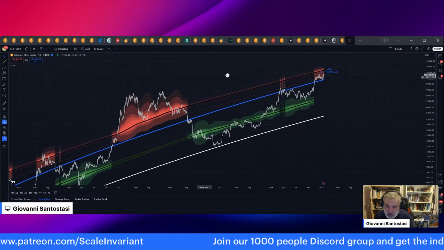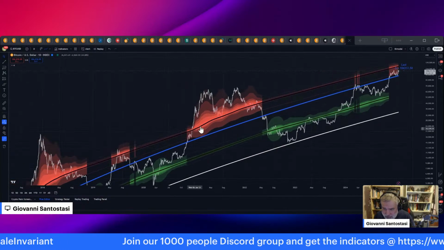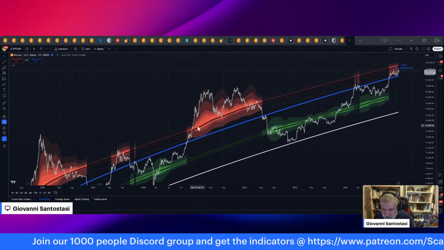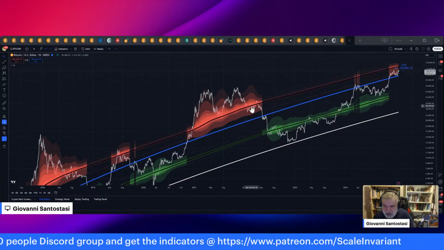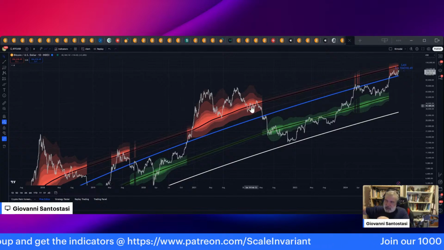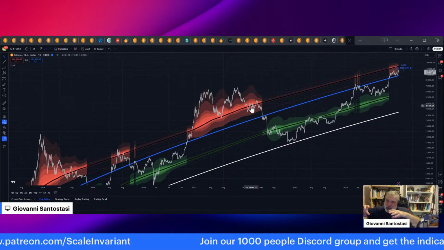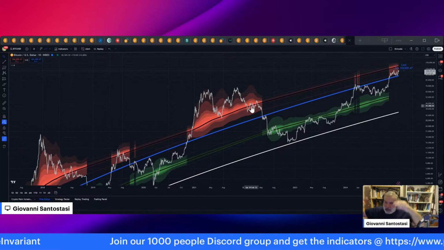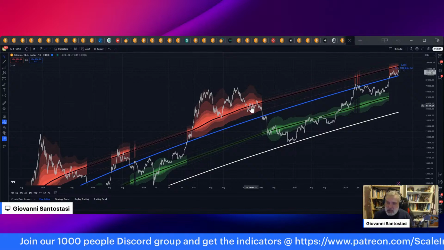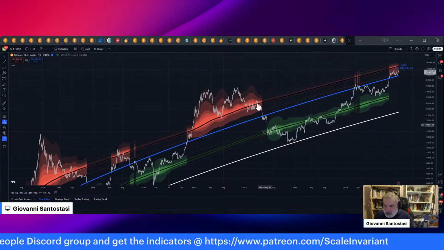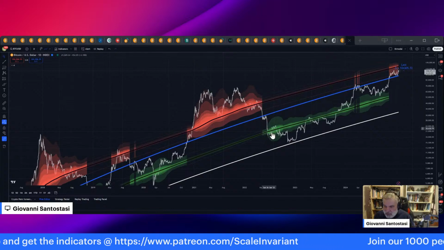Now, in the red regime, what happens is that we also follow the power law, because there is an equivalent power law. It's higher. It has the same slope, but it's higher because the general returns are higher. And so, like I said, this blue line represents a compromise between the two.